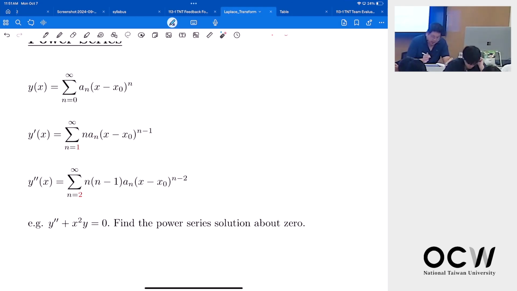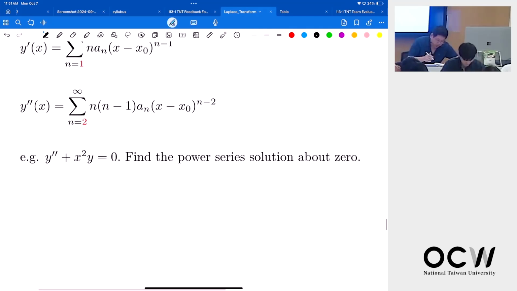Then we use this concept to find the power series solution about 0 for this differential equation. So we know y of x is this power series.